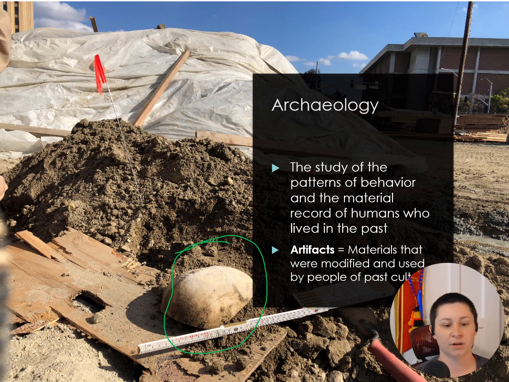So people were trying to construct a building, they came across human remains, and so they called in archaeologists. And so they found this human skull, but one thing that I'd like you guys to notice here is these sharp margins here.